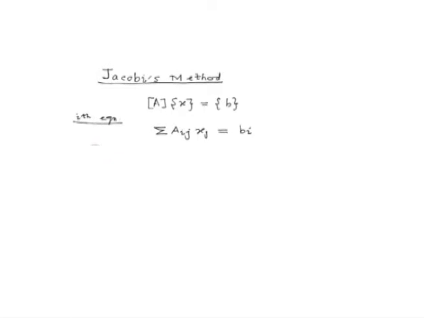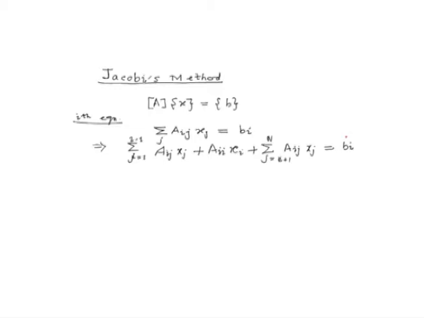Now, let us separate the x_i term. We can rewrite the left hand summation as sigma j = 1 to i minus 1 of a_ij x_j plus a_ii x_i plus sigma j = i plus 1 to n of a_ij x_j equal to b_i.